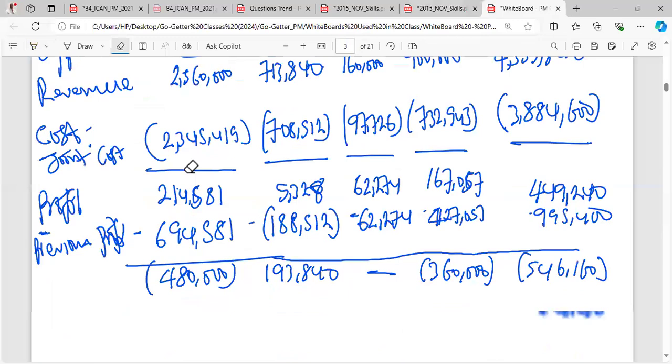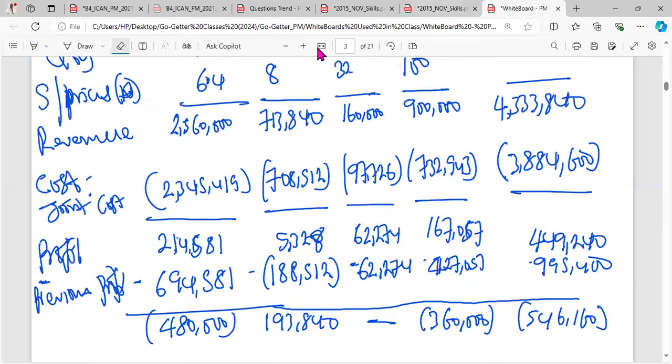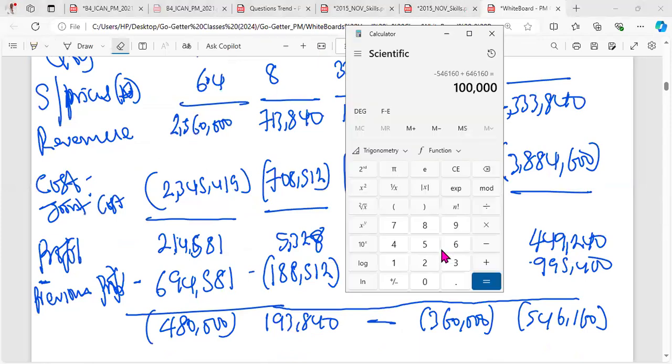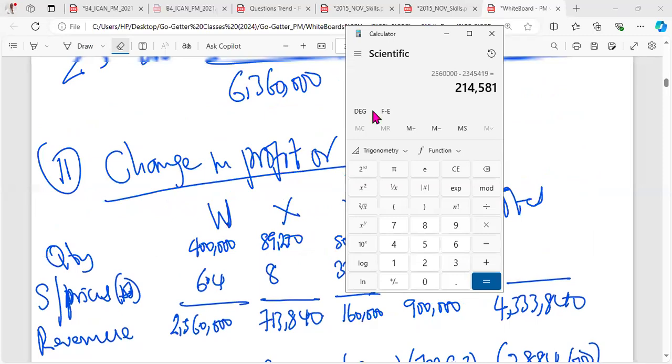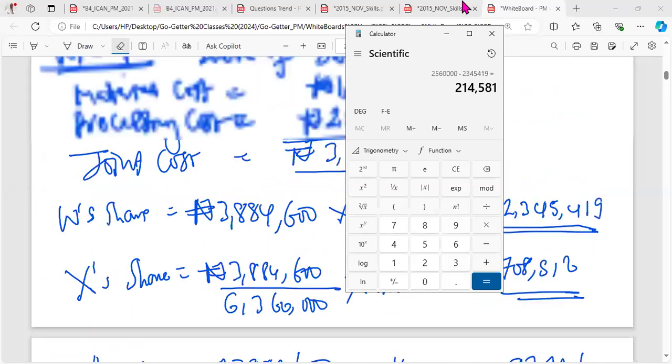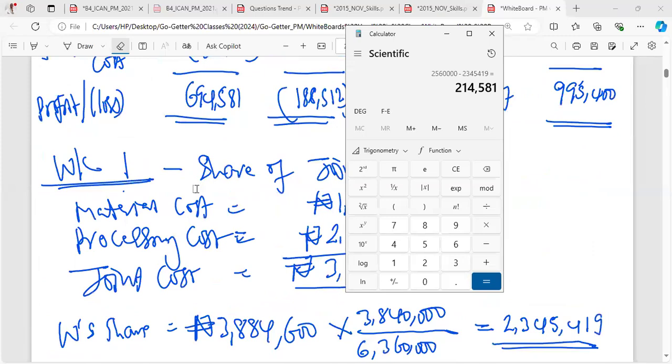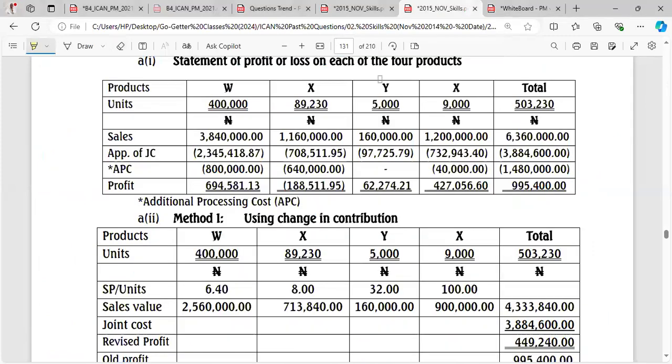Let's do the profit again, one step at a time. 2,560,000 minus 2,345,419 gives me 214,581, yes. Minus the old profit here, 494,581.